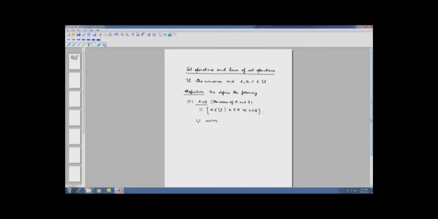The next operation that we define is called the intersection of two sets.